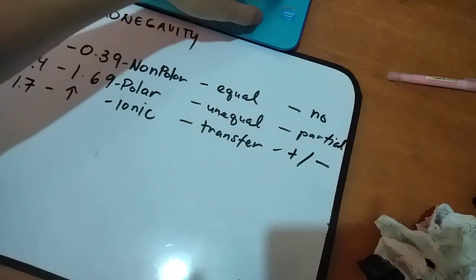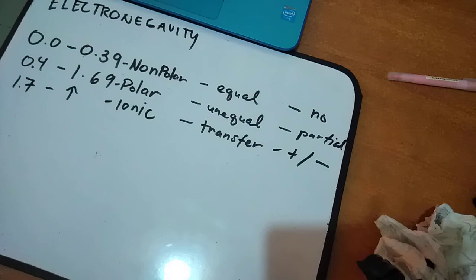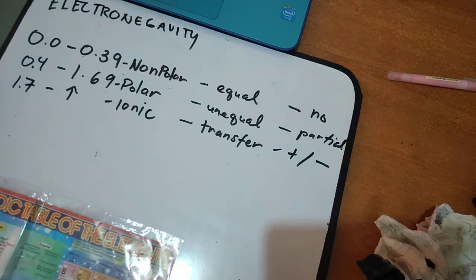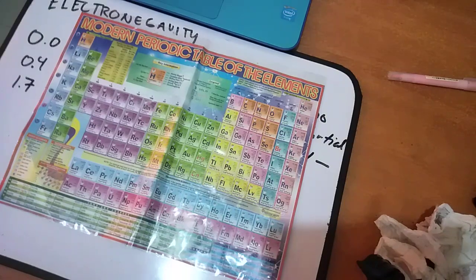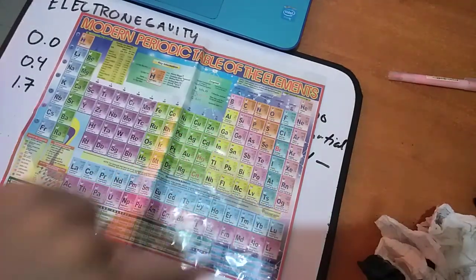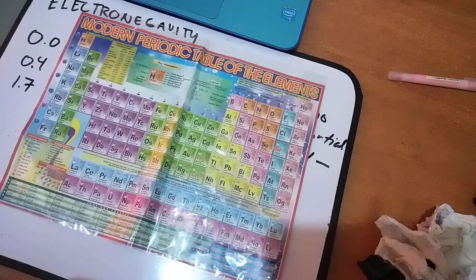So, what is electronegativity? Electronegativity is the tendency of an atom to attract electrons towards itself. So, kung paano pumila yung electrons. So, in the periodic table, you would see fluorine has the highest electronegativity value, which is 4.